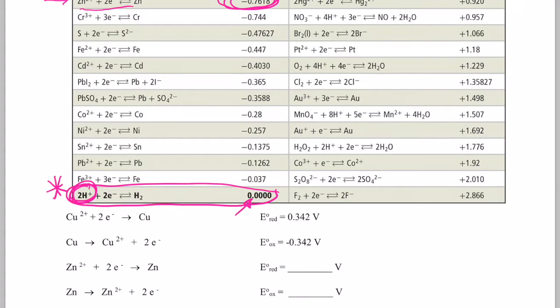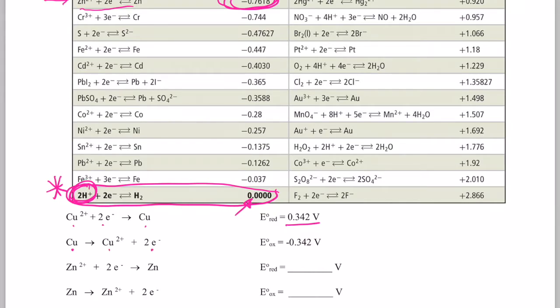Now, if copper 2+ gaining 2 electrons to become copper has a standard reduction potential of positive, we'll round this off to the nearest thousandth, 0.342 volts, then what would be its oxidation potential? Well, the oxidation potential is the reverse reaction. So I would have copper becoming copper 2+ losing 2 electrons.